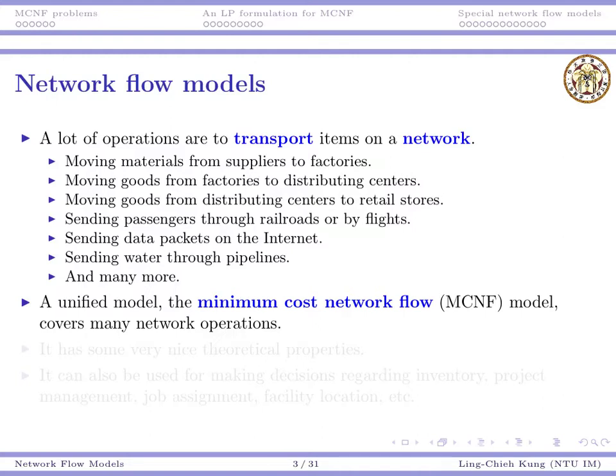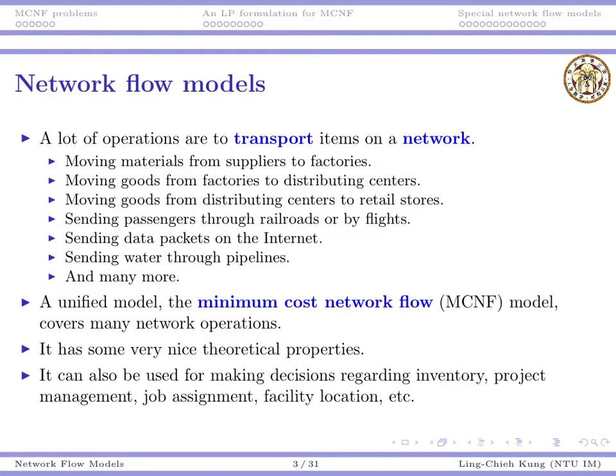We'll see what that is. And why we really care about MCNF is because it has some very nice theoretical properties, and that allows us to solve those problems in a very short time, with very nice results. Okay, so that's also the main topic today.